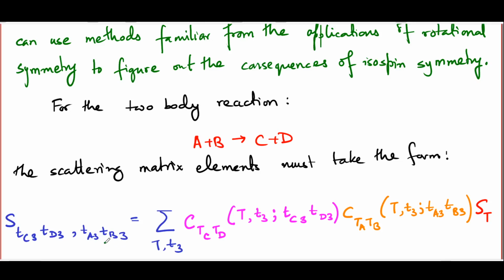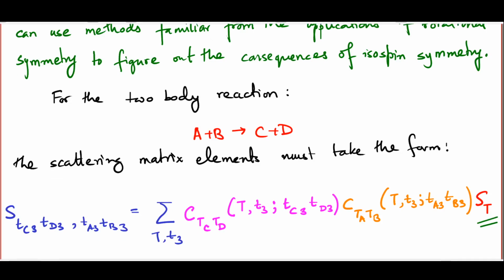Of course, S definitely depends on the momentum of the particles, the helicity states of the particles, and so on. We have just suppressed that information from here because these parameters are not very relevant as far as the action of the internal symmetry operation due to isospin is concerned. What isospin symmetry does here is that it puts a very severe restriction on the form of the scattering matrix element.